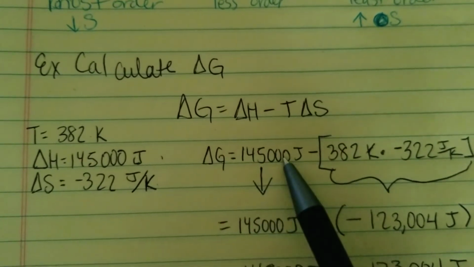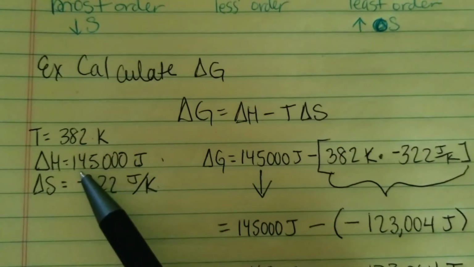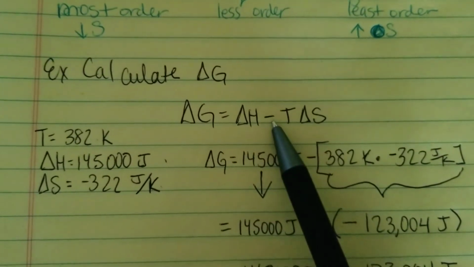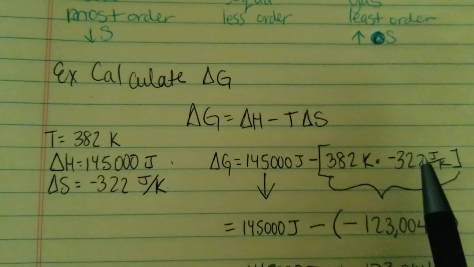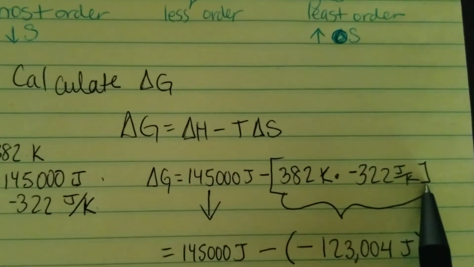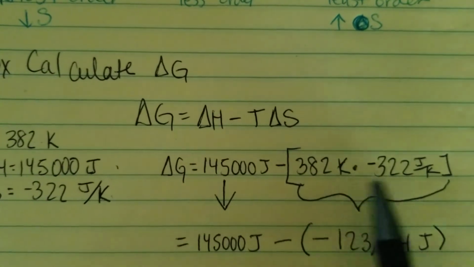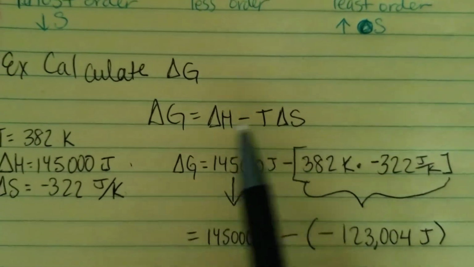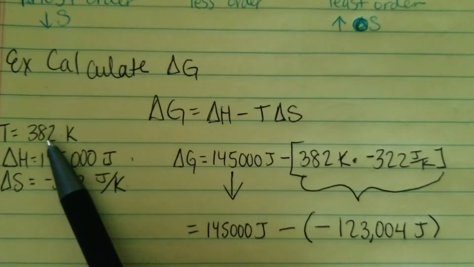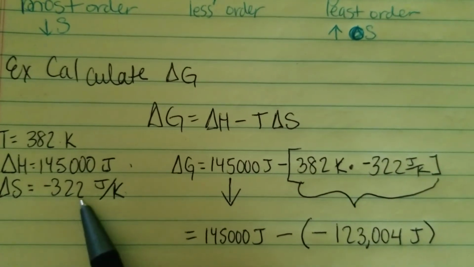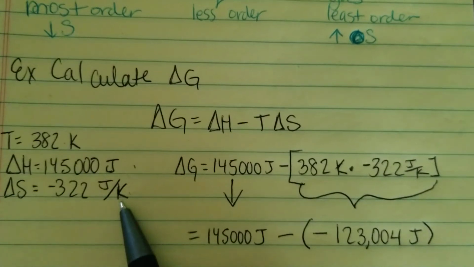So delta G equals delta H, here's delta H, 145,000 joules, minus T. Now I'm putting all this in brackets because I have to do that first because of PEMDAS. I'm going to have to do this multiplication first. The T value is 382 Kelvin, and the delta S value is negative 322 joules per Kelvin.